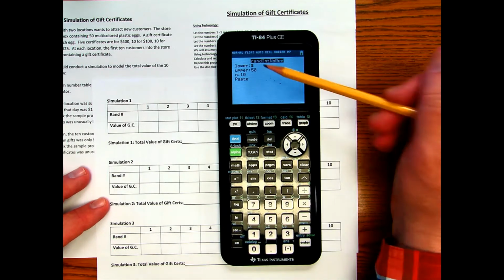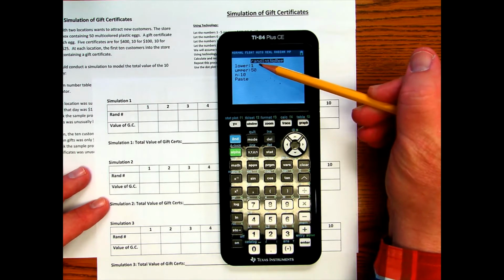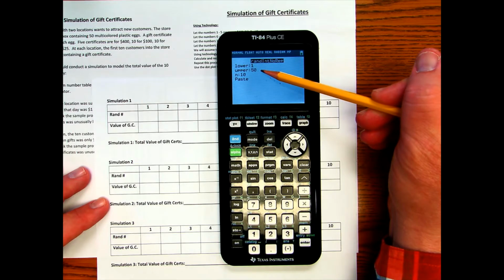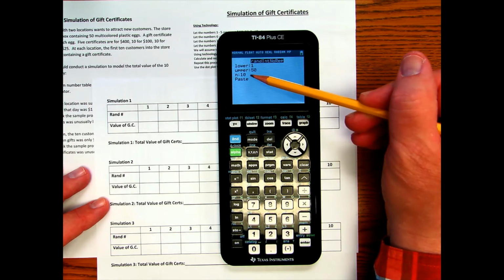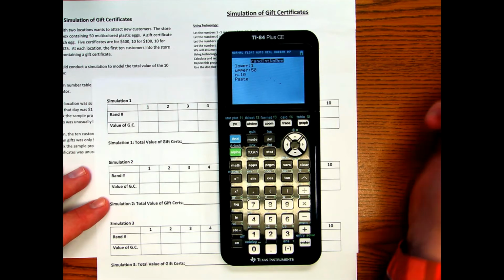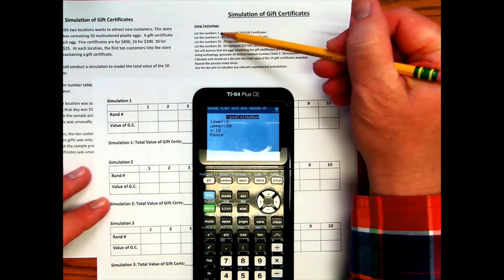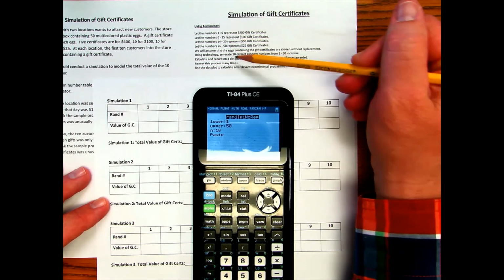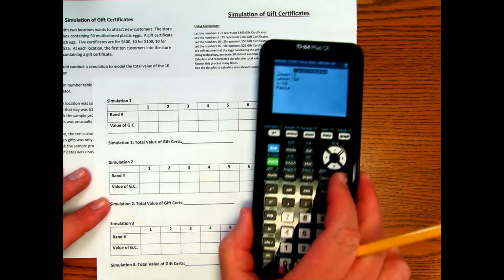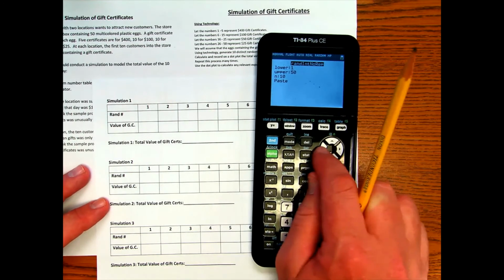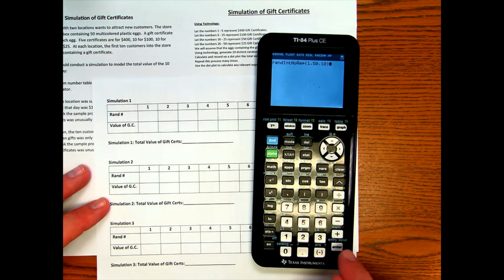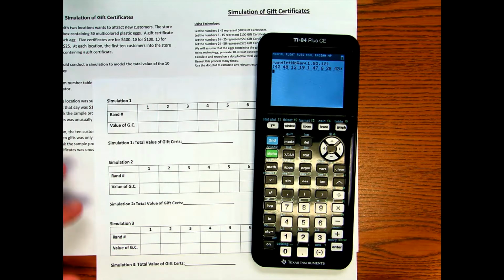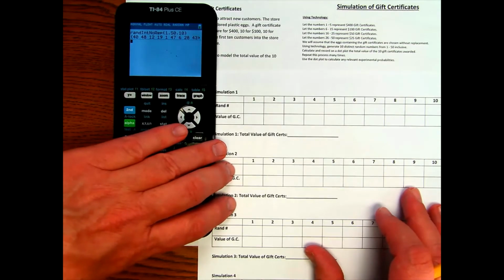Lower is the smallest number that we want to generate. Upper is the biggest number we want to generate. And equals is how many of them we want to generate. So we're looking to generate numbers from 1 through 50, and we need 10 of them to represent the 10 eggs that are going to be given away. So get down to paste, enter, enter again, and it will give us 10 randomly generated integers from 1 through 50 inclusive.